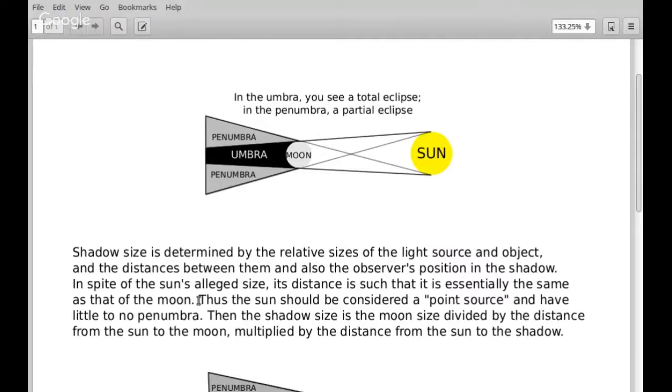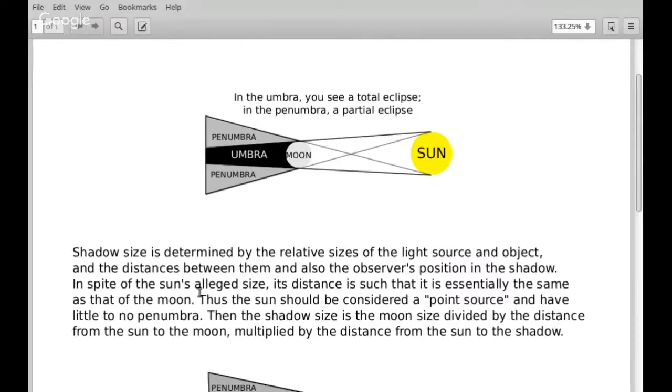So by the time the light of the sun reaches us, and given the alleged distance of the current standard model, the distance from the moon to the Earth is negligible, then we can, for the purposes of finding out the shadow size, consider the sun as the same size as the moon, or maybe slightly larger and a little bit behind. We know it has to be behind the moon a little bit in order for the moon to pass in front of it if the moon is causing the eclipse.